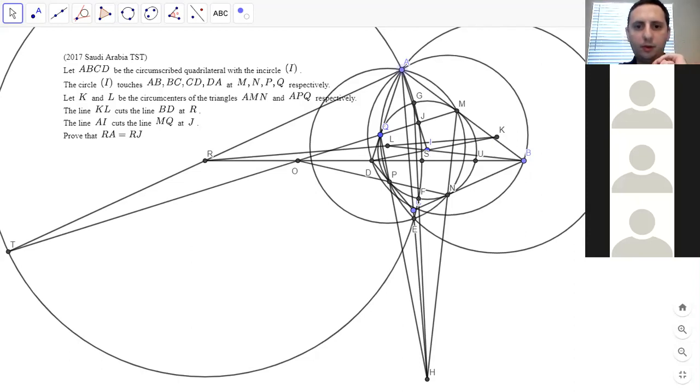So yeah, let me see. I'm trying to use the radical axis theorem. Maybe there's a way to do that.